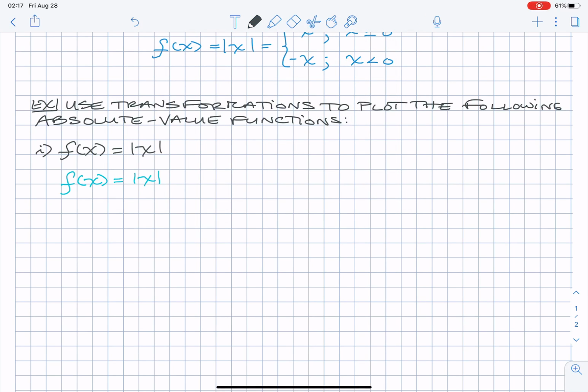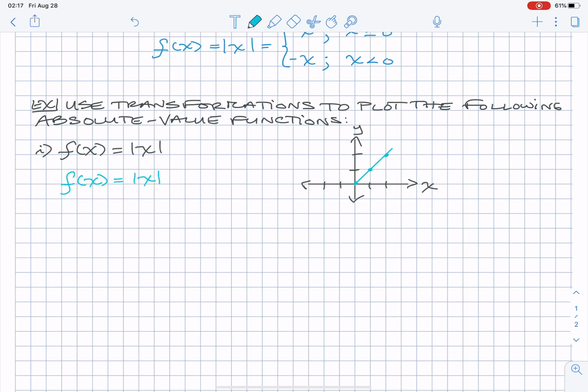So x and y coordinate axes. We'll just do a small little graph here because we know what it looks like. X and y. So 1, 2, 1, 2, 1, 2. So I know the absolute value of 0 is 0, the absolute value of 1 is 1, the absolute value of 2 is 2.